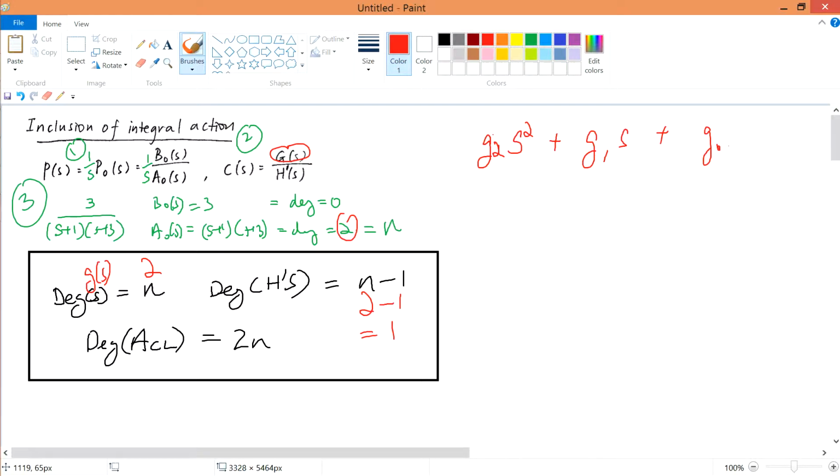Don't be scared by g2 or g1; these are just numbers, maybe 5s squared plus 4s plus 3. Because we want a general equation, we replace this 5 with g2 first, since we don't know the value. We just write it as a general equation, divided by h prime of s, which is of degree 1.